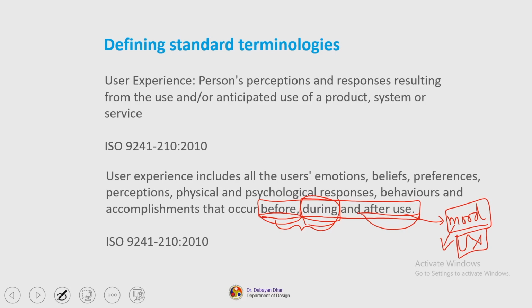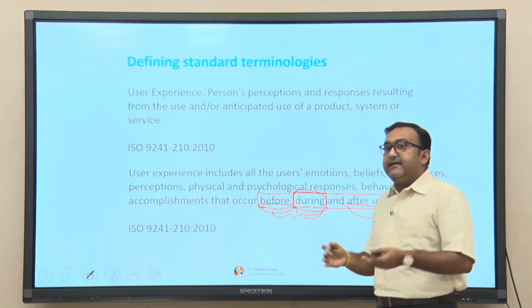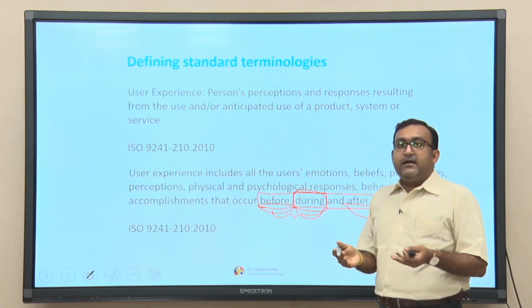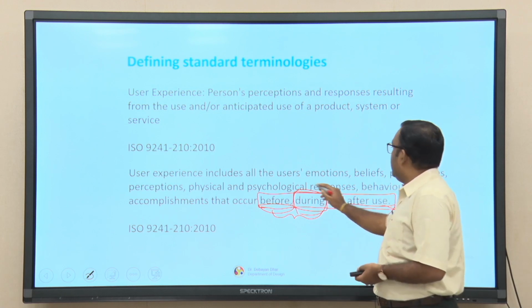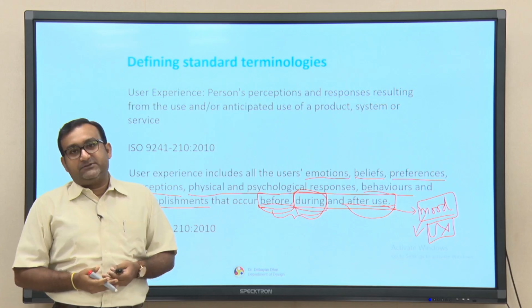Now, when we talk about experience, we must understand that experience means all these important parameters: emotions, beliefs, preferences, perceptions, physical and psychological responses, behaviors and accomplishments. All these things together are considered as aspects of user experience.